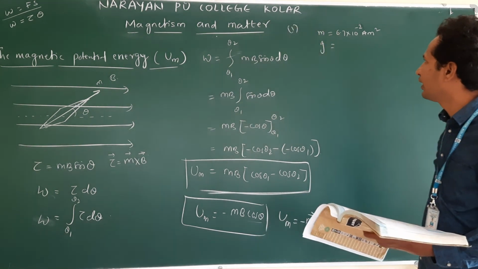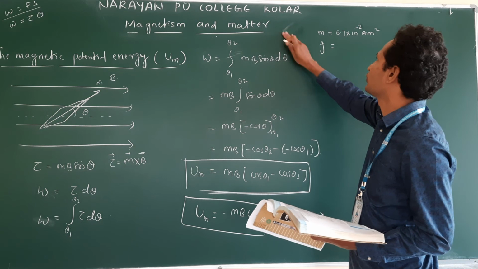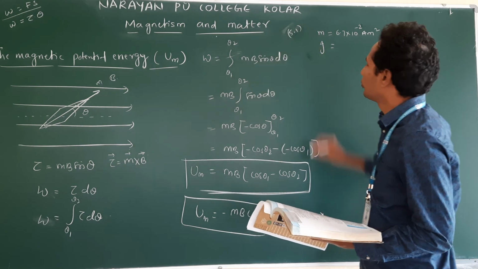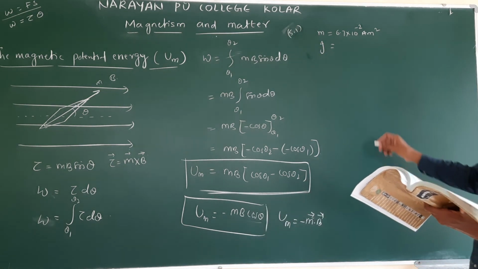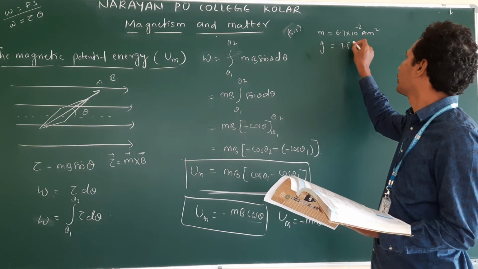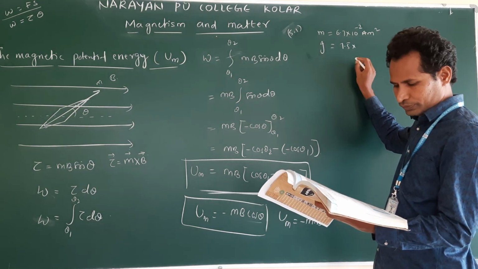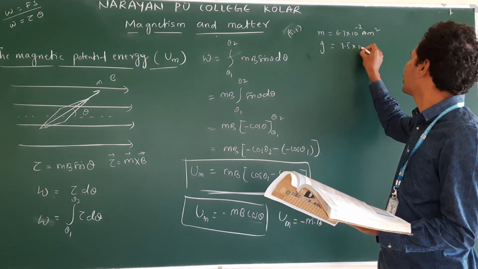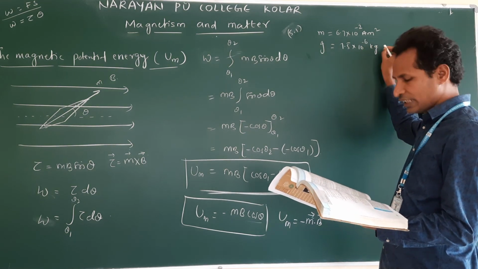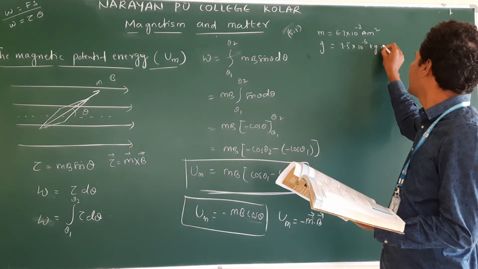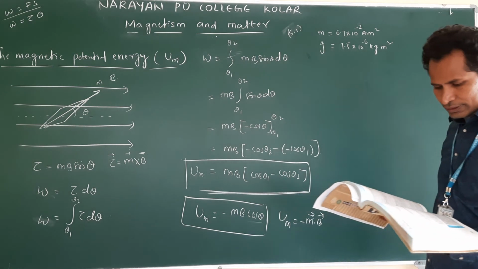Moment of inertia I is 7.5 into 10 power minus 6 kg meter square.